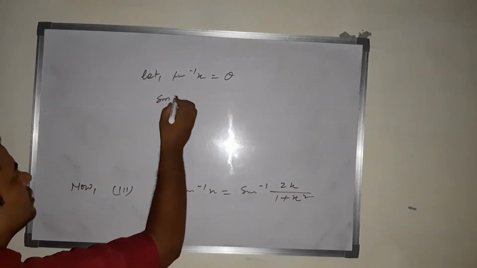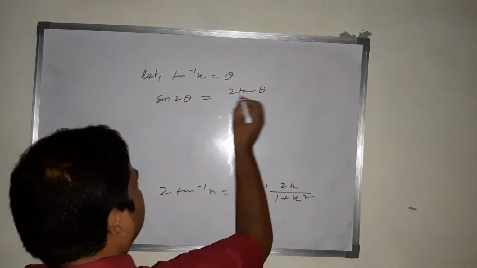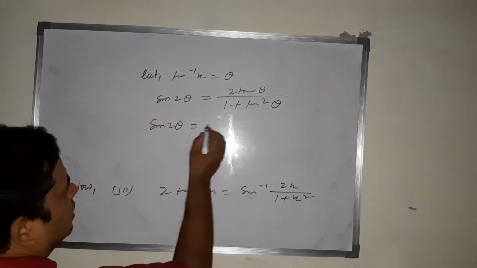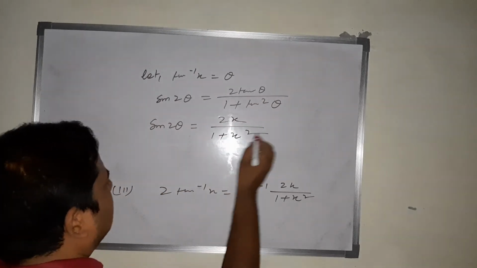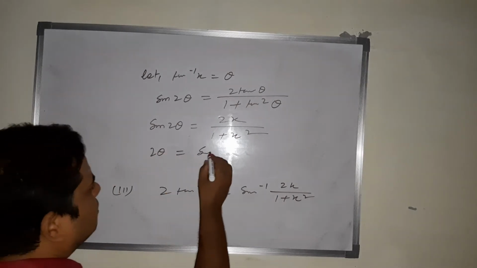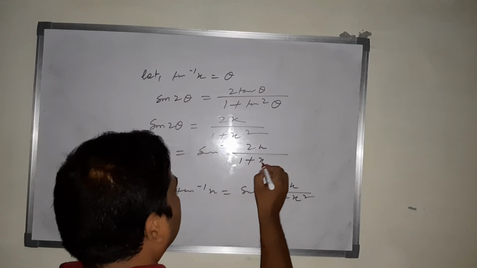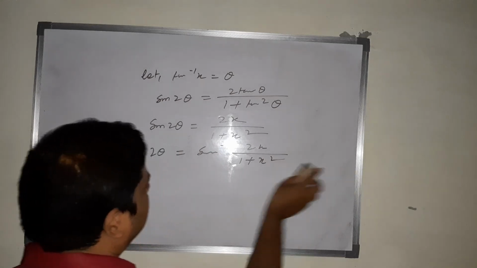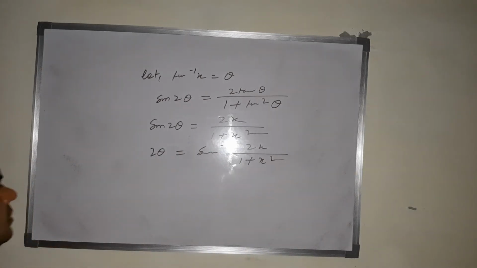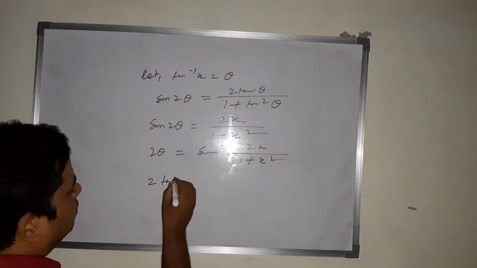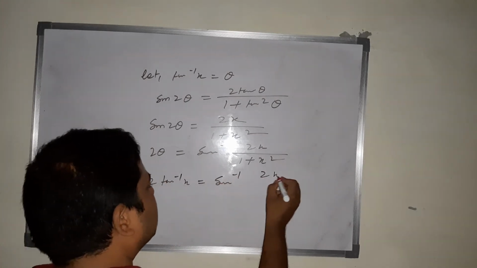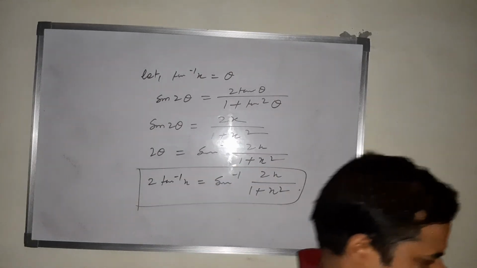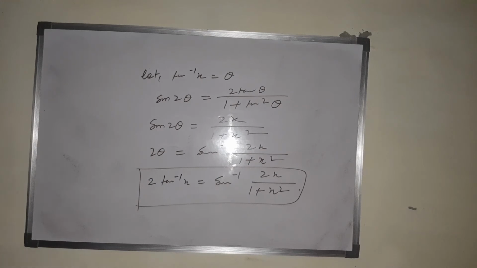Using the formula for sin 2 theta, 2 tan theta divided by 1 plus tan square theta, sin 2 theta is equal to 2x upon 1 plus x square. So 2 theta is equal to sin inverse of 2x upon 1 plus x square. So 2 tan inverse x is equal to sin inverse of 2x upon 1 plus x square. So this is the property, and we have already solved it.